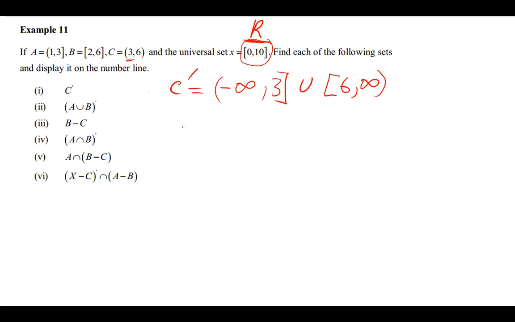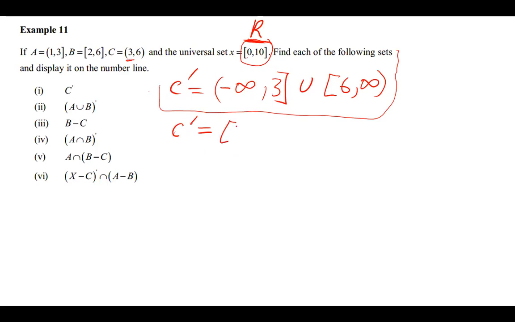Now, since the universal set has been given from 0 to 10, we're going to restrict ourselves in this range, just in this range. So C complement, this is not the answer, I was just giving an example. Since the universal set has been given, our C complement, instead of starting from negative infinity, is just going to start from where?